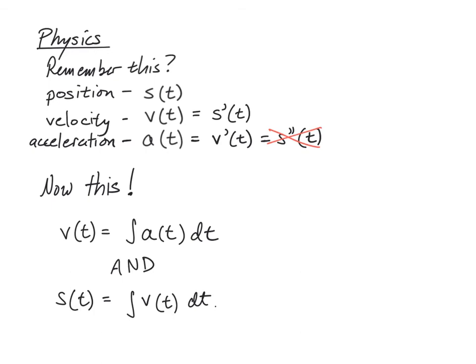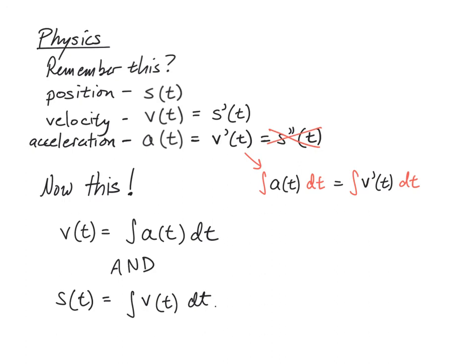So if I take this equation, a of t equals v prime of t, and I represent it a little bit differently like this, the antiderivative of a of t with respect to t, and we find the antiderivative of v prime of t with respect to t, then remembering from the last couple examples, if we find the antiderivative of a derivative, they're inverse operations, they undo each other.